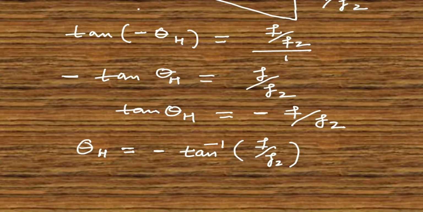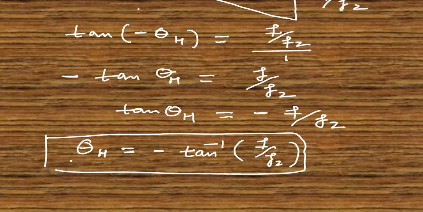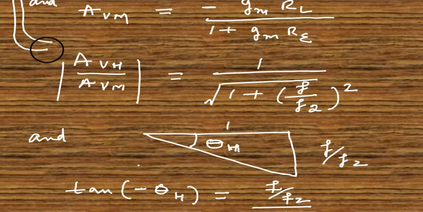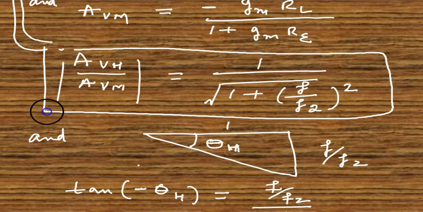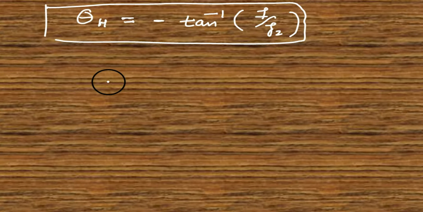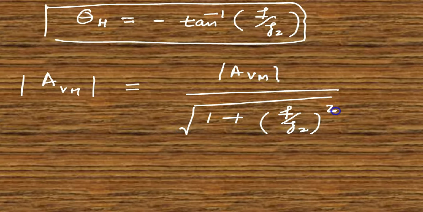So these two expressions are very important. Number one, the magnitude of the ratio of high frequency gain upon mid frequency gain equals 1 upon the root of 1 plus f upon f2 whole square.